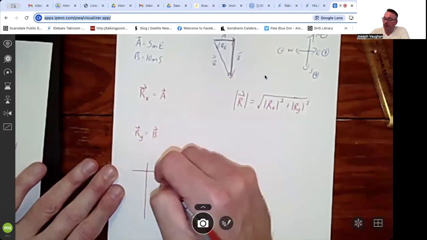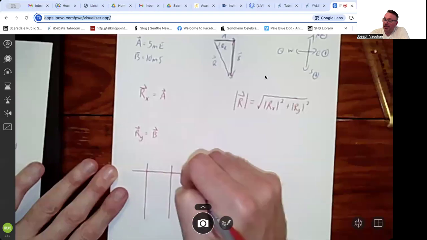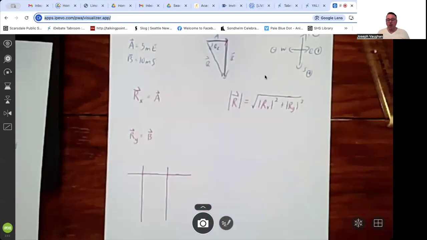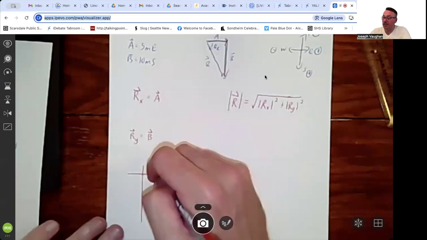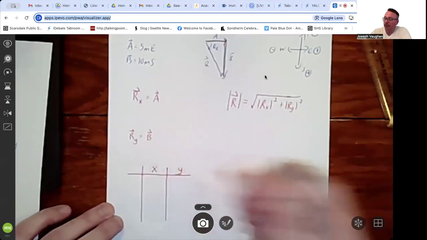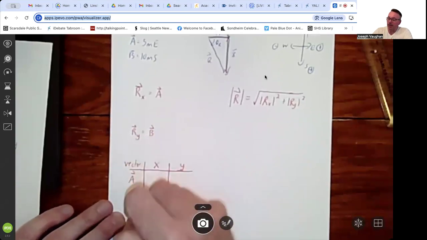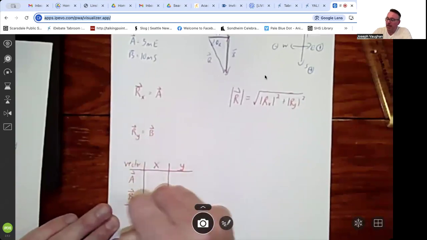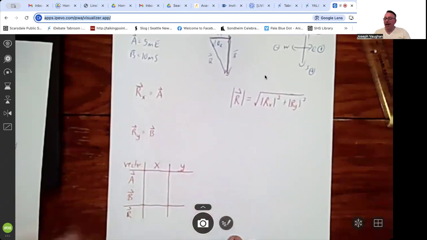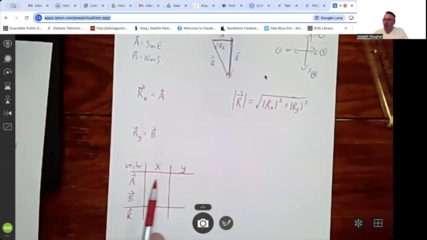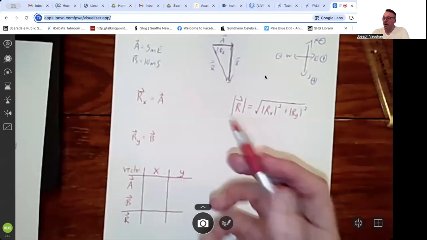I'm going to expand this out because we want to set up an equation or methodology for the collinear addition of vectors along each axis. So I'm just going to make two columns. I'm going to have the vectors here, x and y. So A, B, and then R. So if I were to ask myself, well, vector A, how much of vector A goes in the x direction? I go, well, all of it does, right?